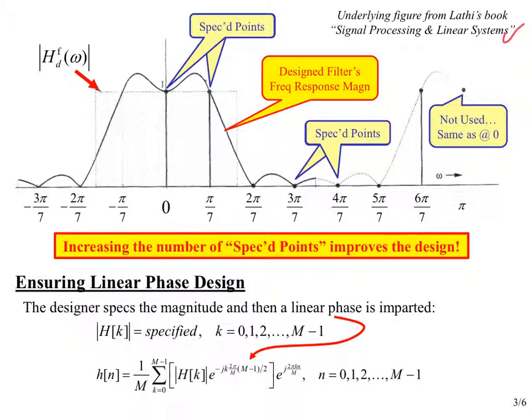So the idea is we start with this rectangular ideal filter here that looks like this and continues out like this. It's a little hard to see it. Well, that's because he kind of draws it on both sides. And so that's our desired filter, the ideal frequency response.